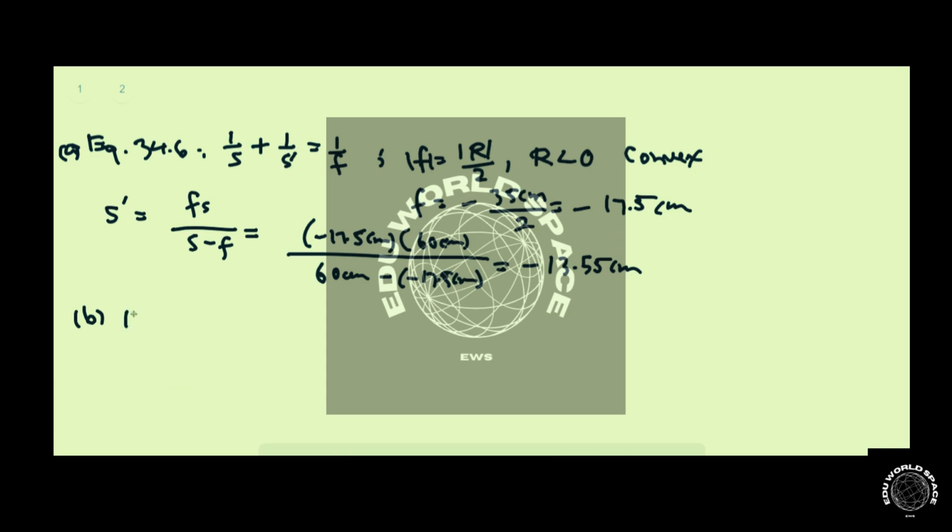So we'll use equation 34.7, which tells us that the magnification is equal to minus s prime over s, which is also equal to y prime over y. And y prime is the height of the image, and y is the height of the object. So in this case, the height of your nose, and y prime will be the image of your nose in this convex mirror.